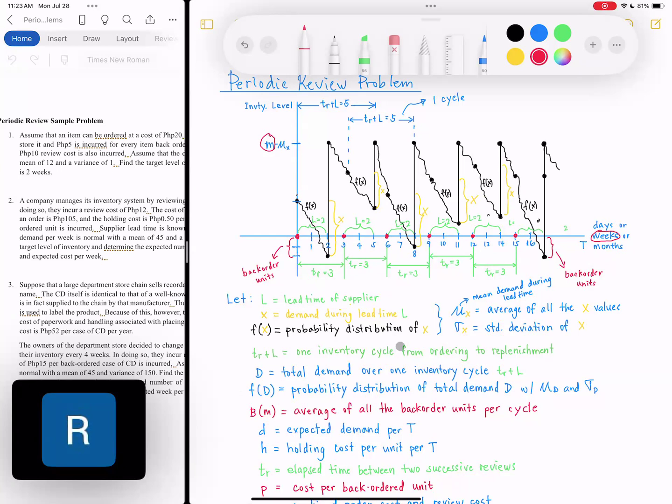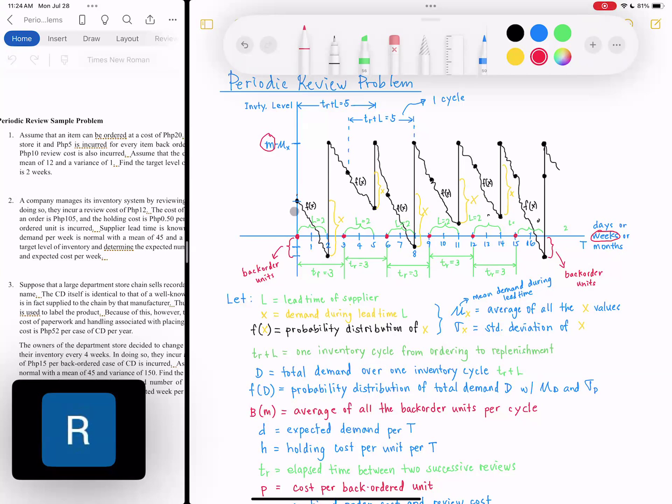So you see it here. f of x is the probability distribution of x, and it has mu of x and sigma of x, where mu of x is the mean demand during lead time, representing the average of all the x values. These are the x values you will see in the diagram. Again, x represents the demand level upon ordering and the demand level upon replenishment.